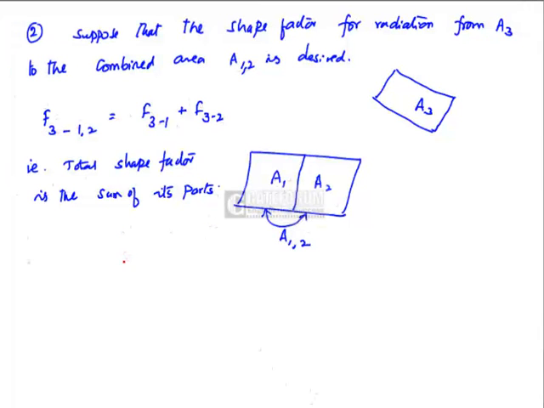Now we could multiply by A3 on both sides. A3 F3(12) is equal to A3 F31 plus A3 F32.